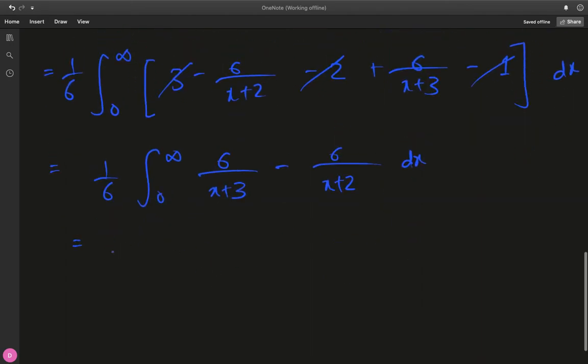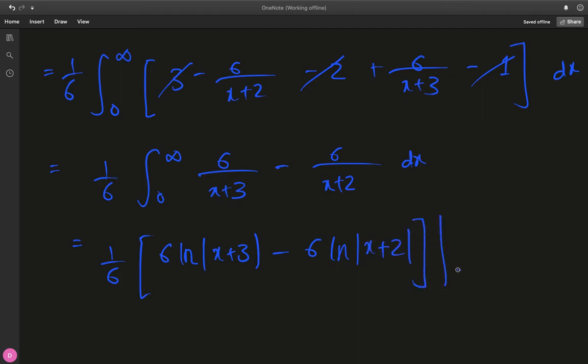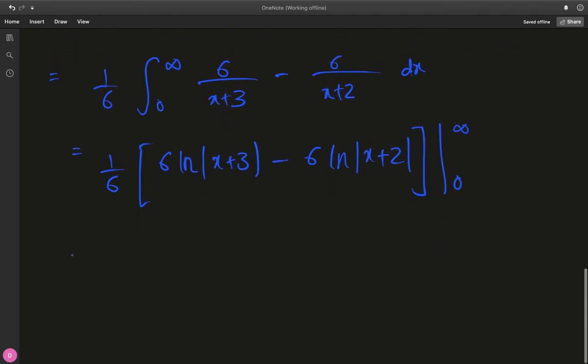So this just becomes 1 over 6 times, integrating this is really easy, 6 times the natural log of the absolute value of x plus 3, minus 6 times the natural log of the absolute value of x plus 2, all of which is evaluated from 0 to infinity. So we can cancel out the 6's.